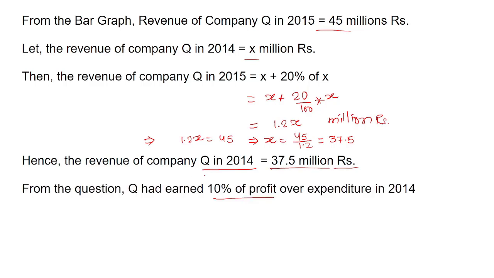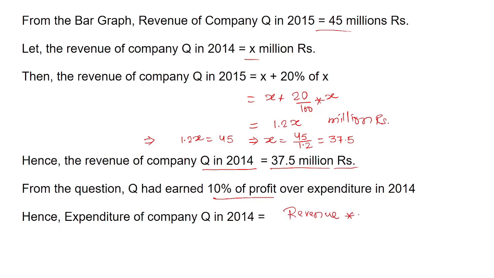We have just obtained that revenue of company Q in 2014 was 37.5 million, and we also know that company Q had earned a profit of 10% over its expenditure in 2014. So we can obtain expenditure of company Q in 2014. It will be equal to revenue multiplied by 100 divided by 110. Further we can simplify it.